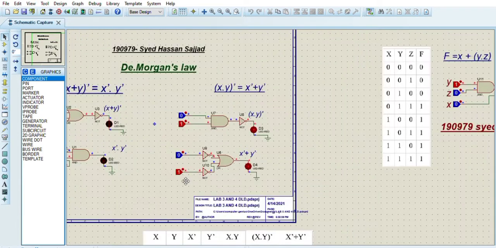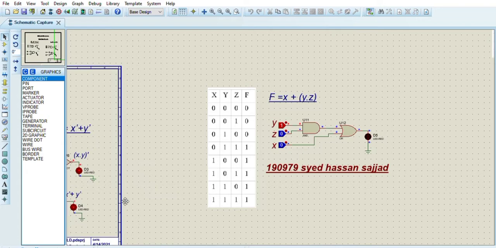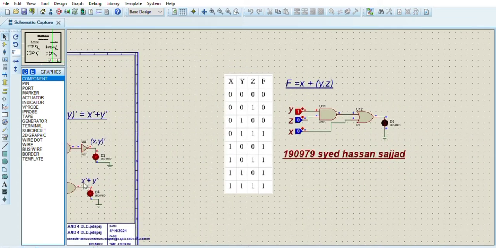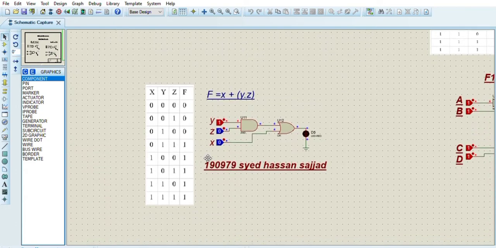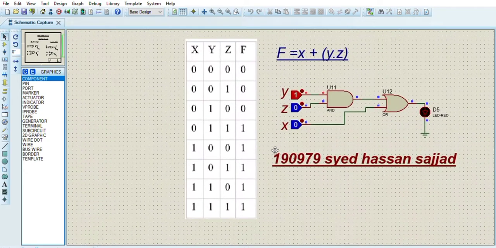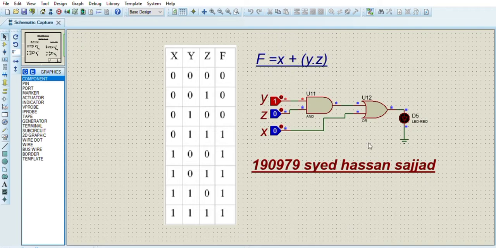So here is a simple example for this function. I'm just showing this function for simplicity and to show how to implement these functions. It is generally showing x and y.